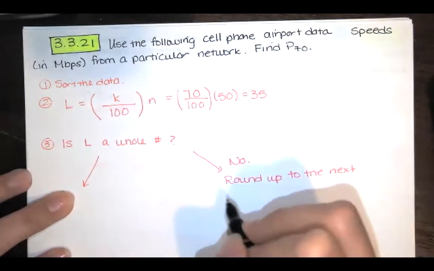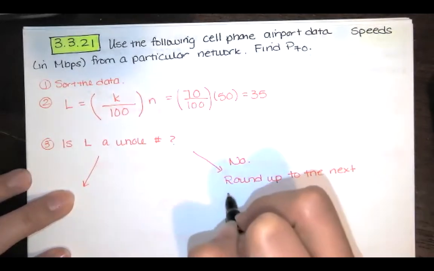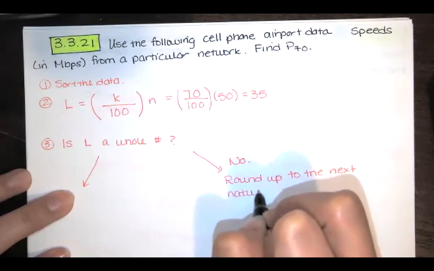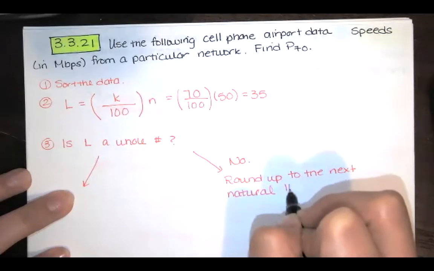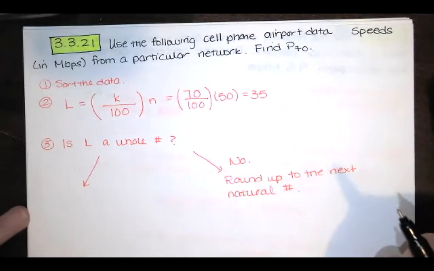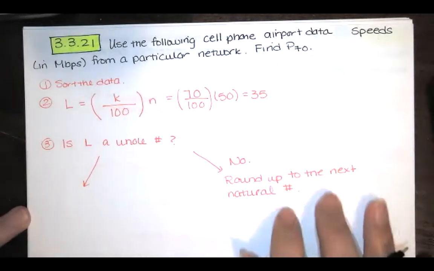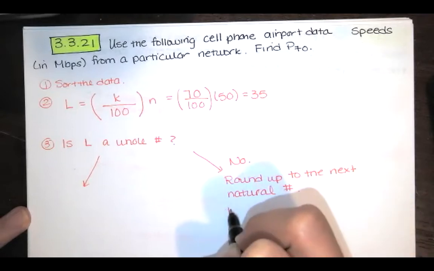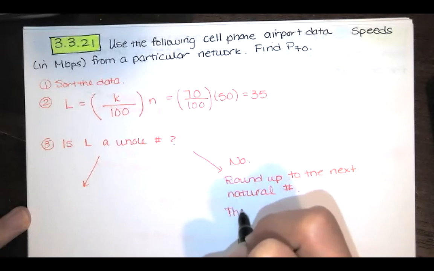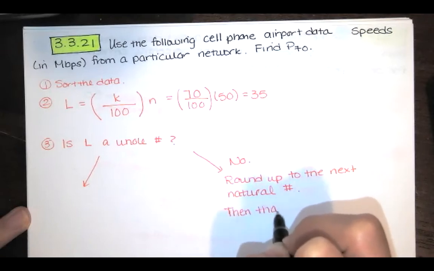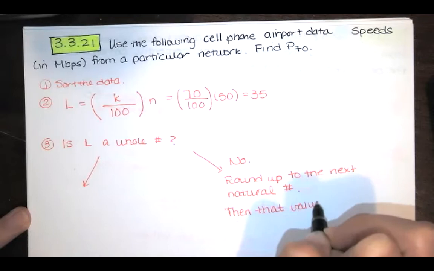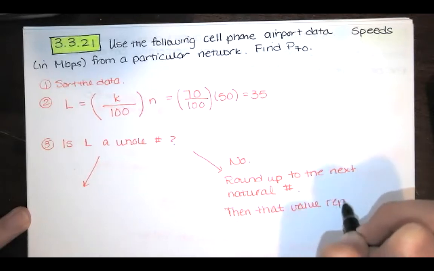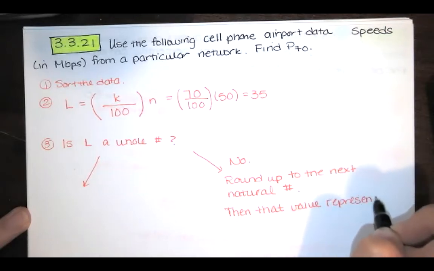And of course, it's going to be a positive number, so I guess we could say it's the next natural number. Then that value on the list represents your 70th percentile.